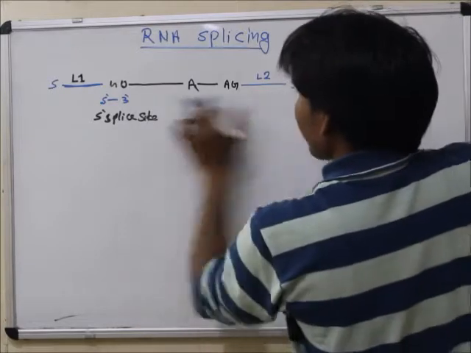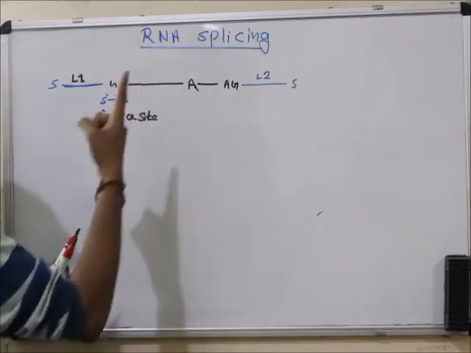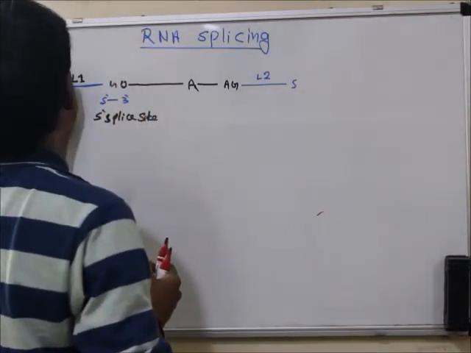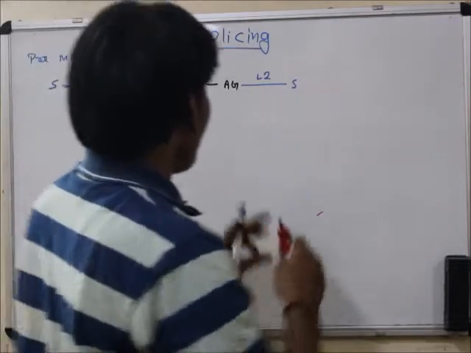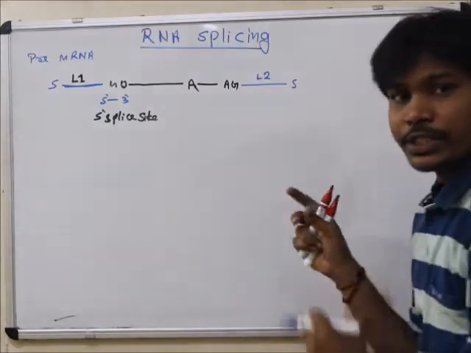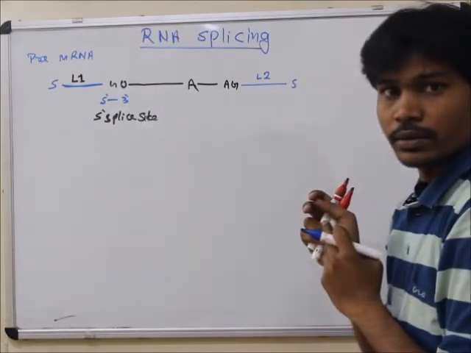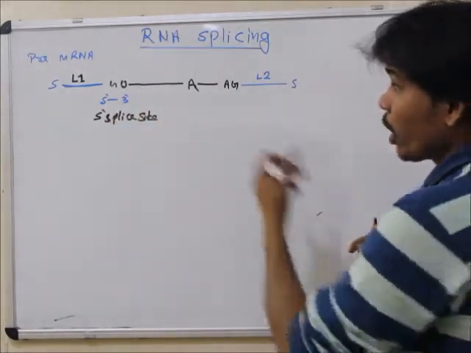This is the total pre-mRNA sequence. Then there is a need for removal of these introns. So how does this occur?